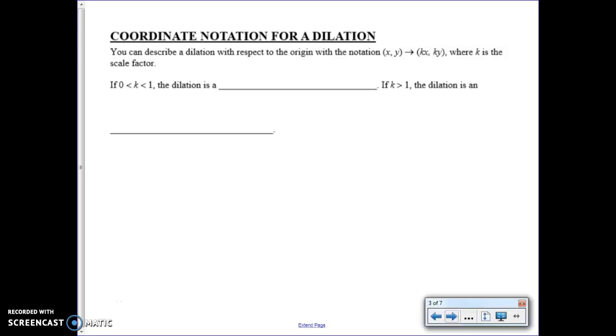So, coordinate notation for a dilation. You can describe a dilation with respect to the origin starting with (x, y) goes to (k times x, k times y), where k is the scale factor. If k is between 0 and 1, it's a reduction.